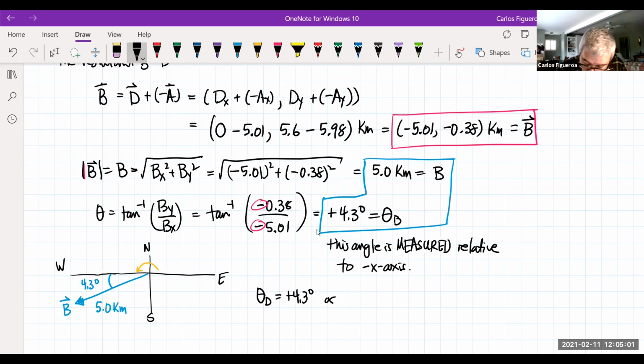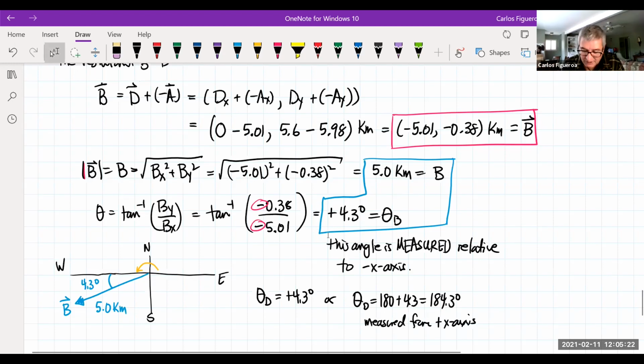In this case, we could have said that's 180 plus 4.3 degrees. So it's really this angle, and we say this is measured from the positive x-axis. Both of those answers are totally legit.